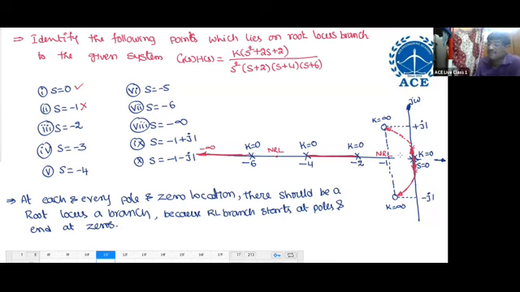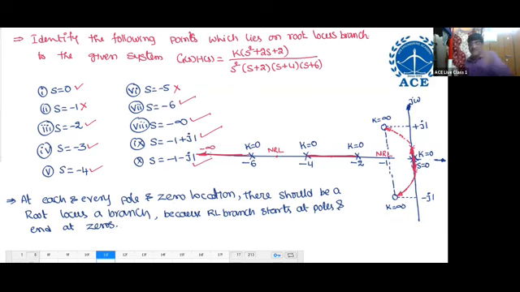Minus 2 is on root locus branch. Minus 3 is on root locus branch. Minus 4 is on root locus branch. Minus 5 is not on root locus. Minus 6 is on root locus branch. Next, minus 7 to minus infinity is root locus. Minus 1 plus or minus j1 is also on the root locus branch.